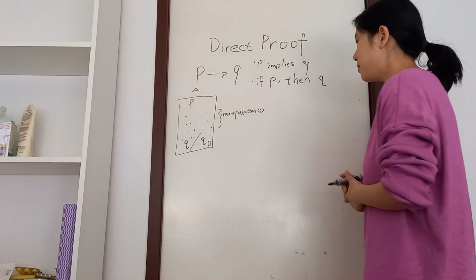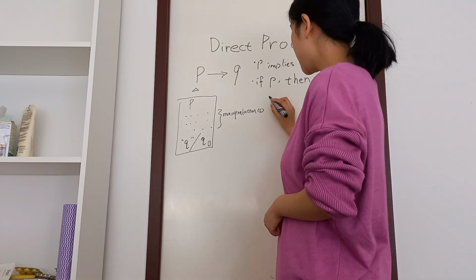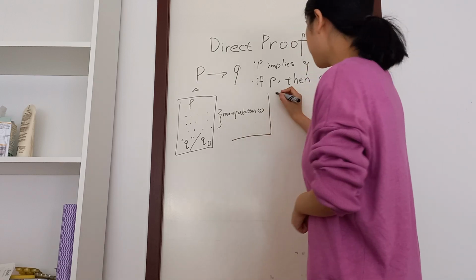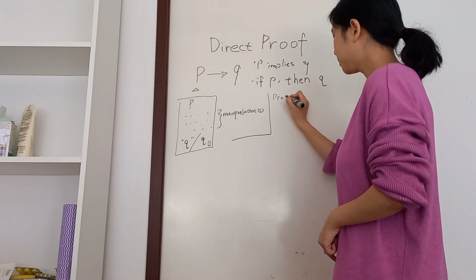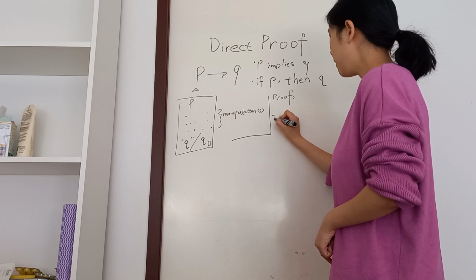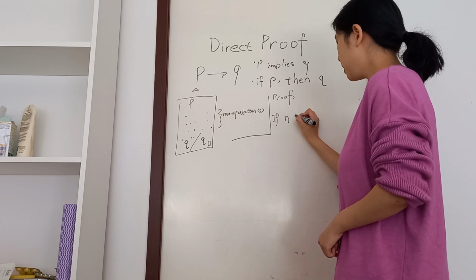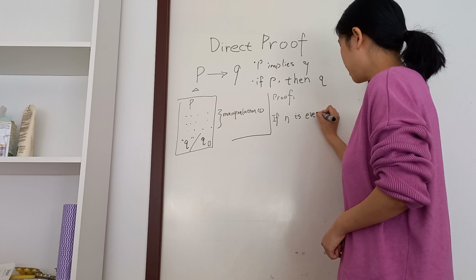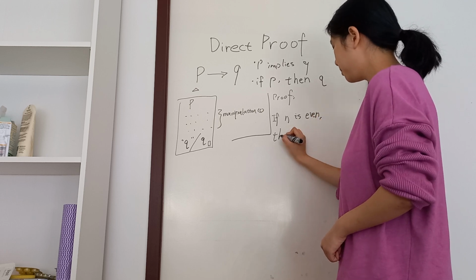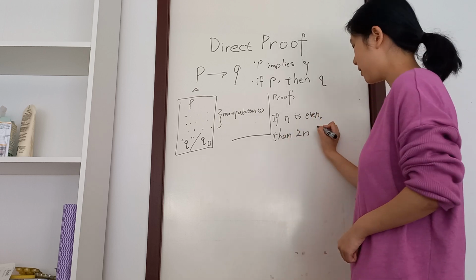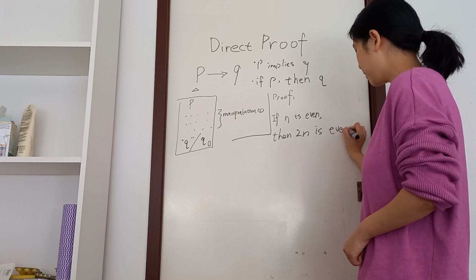Now let's look at the example I mentioned, which is we want to prove: if n is even, then 2n is even.